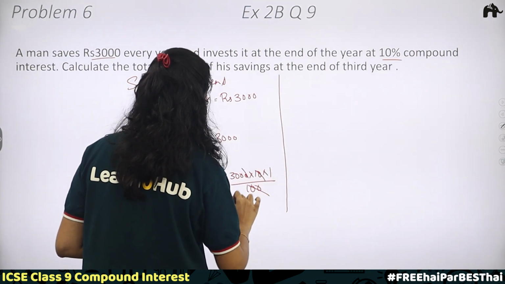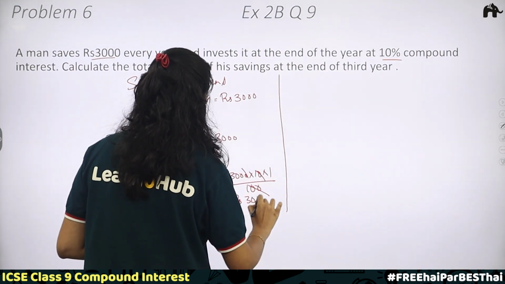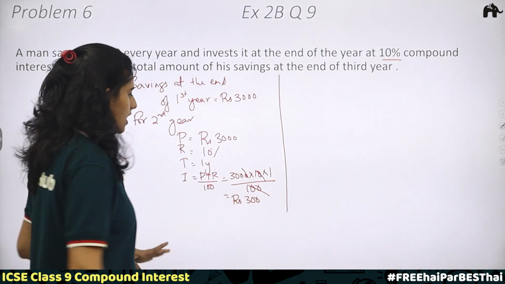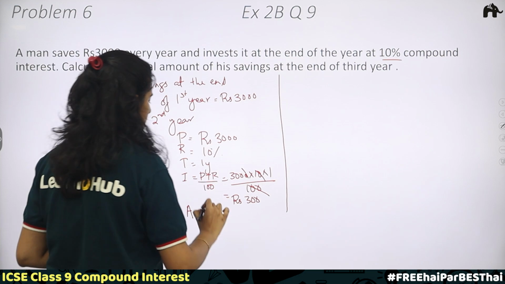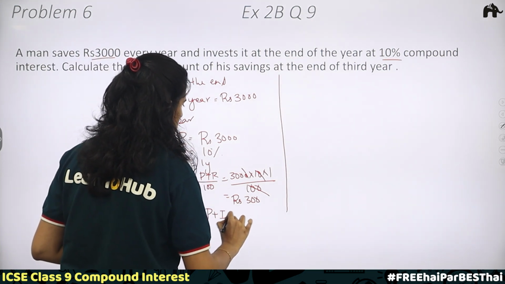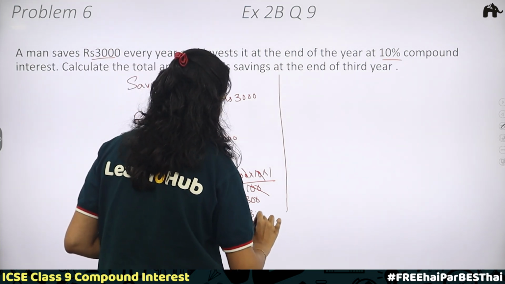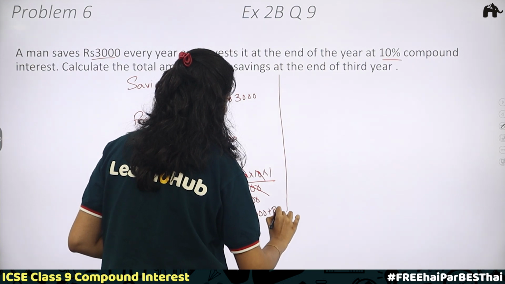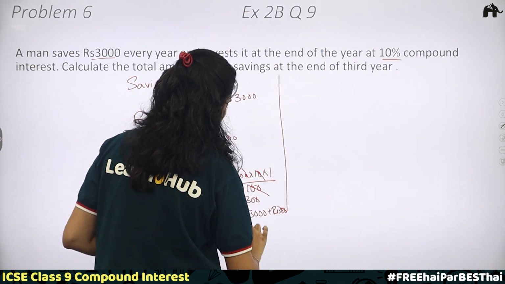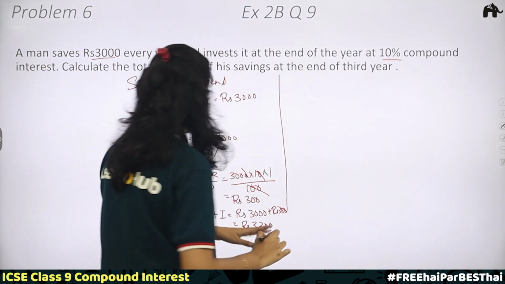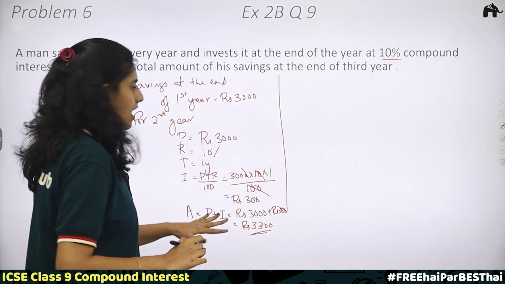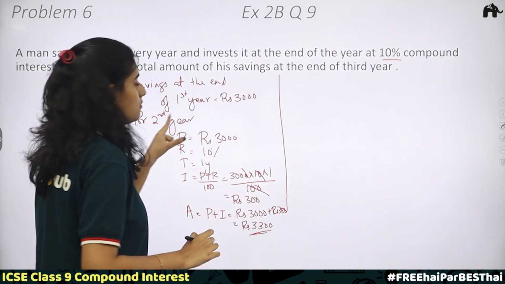Cancelling zeros, you will be getting rupees 300. Interest is rupees 300. Then what is the amount? Amount will be equal to principal plus interest, which is rupees 3000 plus rupees 300 equal to rupees 3300.